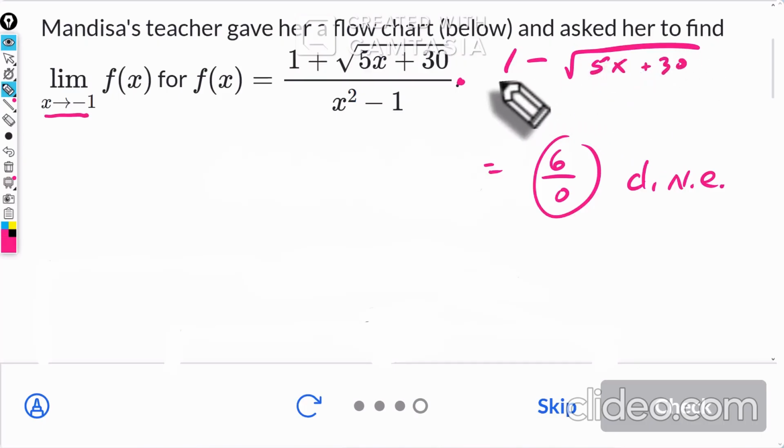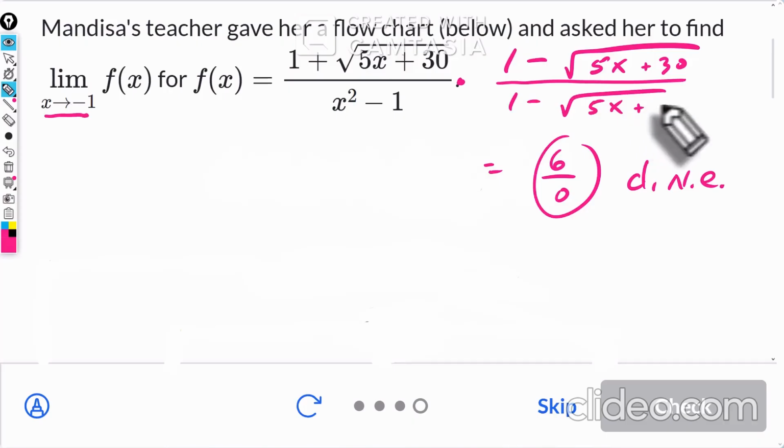And you'd have to do the same thing in the denominator, 1 minus the square root of 5x plus 30. Okay, the point of that would be to get rid of the square root, because when you have the plus and minus and you FOIL, the inner and outer terms drop out. You would get rid of the square root, leave the denominator as is, and try the substitution again. But we got lucky and could substitute right away.